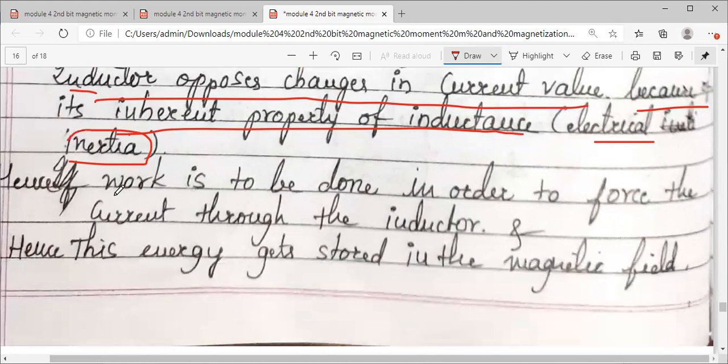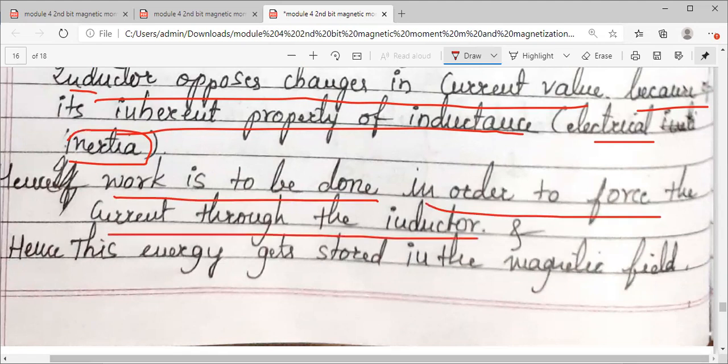Hence, work has to be done in order to force the current through the inductor. जब inductor oppose करेगा, the current flow will be a bit difficult. That's why a certain amount of work has to be done. You have to spend some energy in order for that current to flow through the inductor.